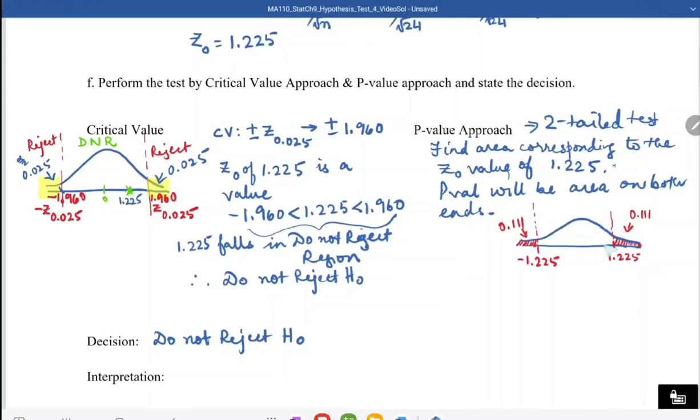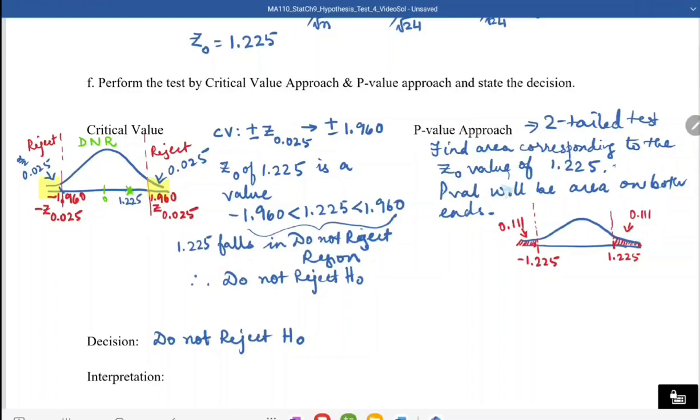And if we used 1.225, all right, then we would have to subtract that value from 1. So it was most strategically easier to find negative 1.225, find its area on the left, and then just use that as the area to the right.